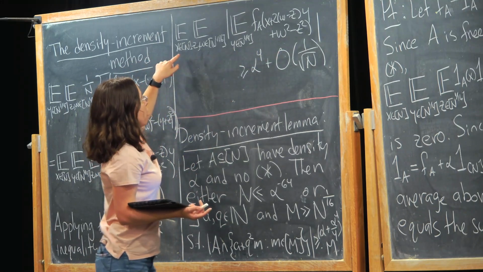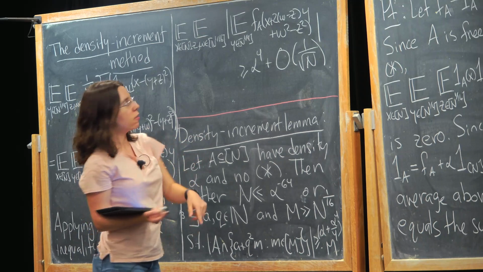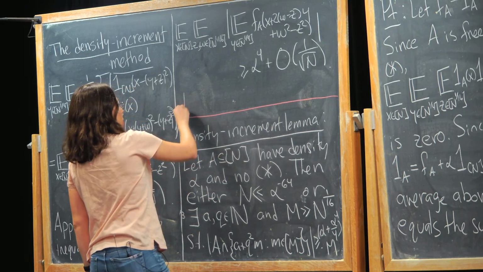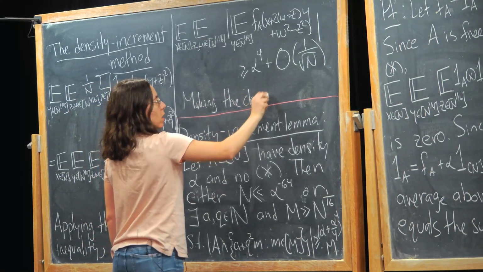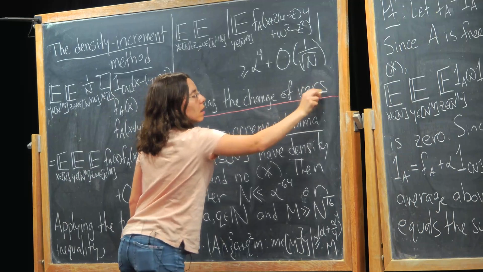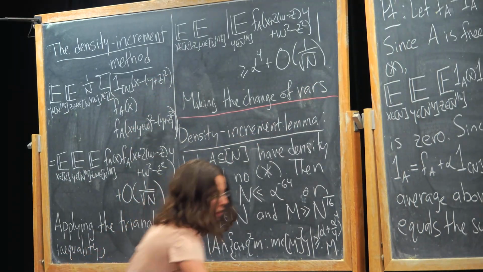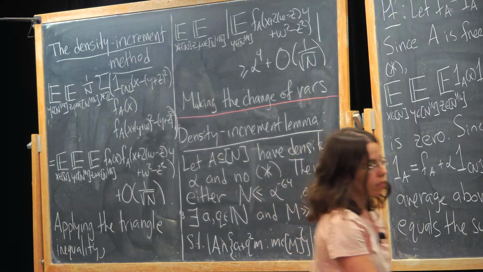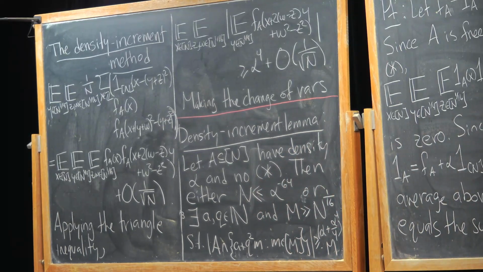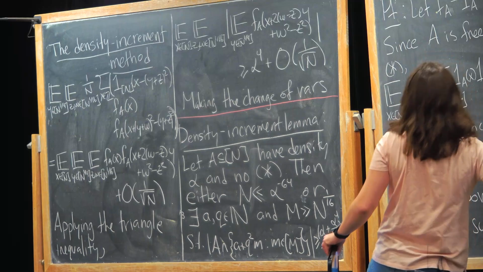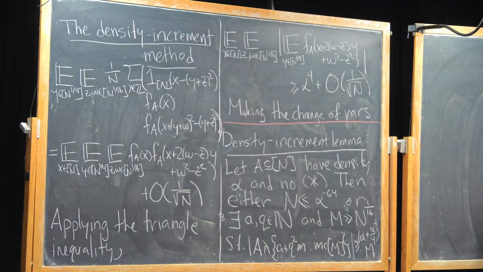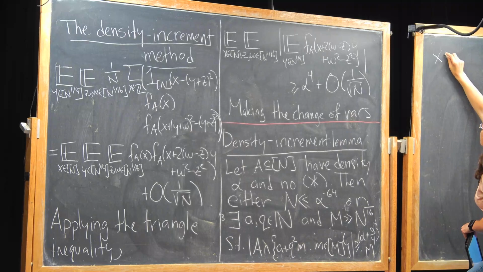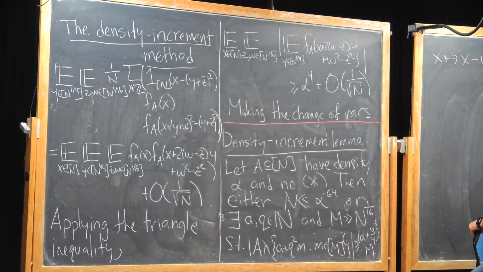So we can make another change of variables by doing the same sort of maneuver we did when we made the first change of variables: x maps to x minus w squared plus z squared.